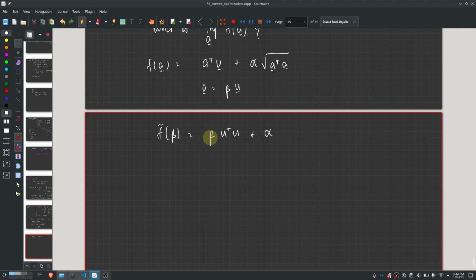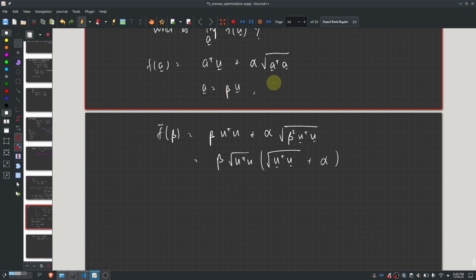So f tilde of beta is beta times u transpose u plus alpha square root of beta square u transpose u, which is nothing but beta times square root of u transpose u times square root u transpose u plus alpha. Or let me do this a little more carefully.